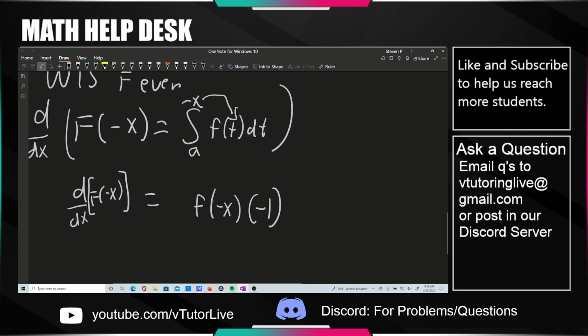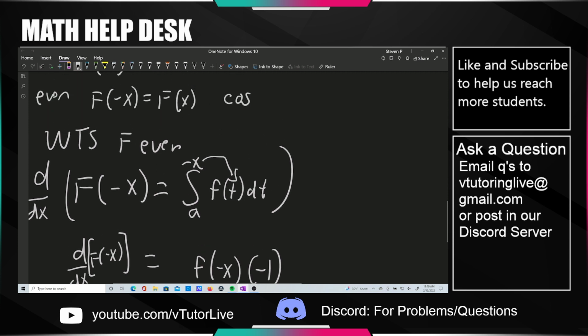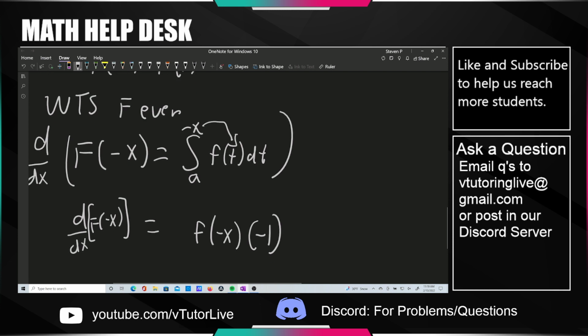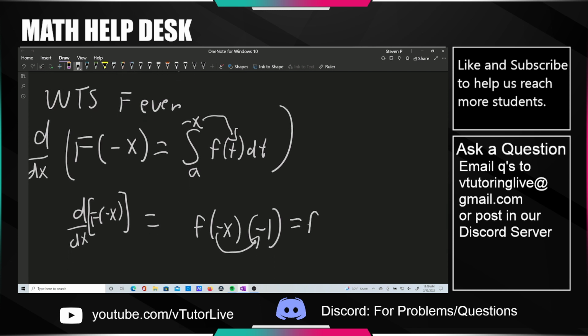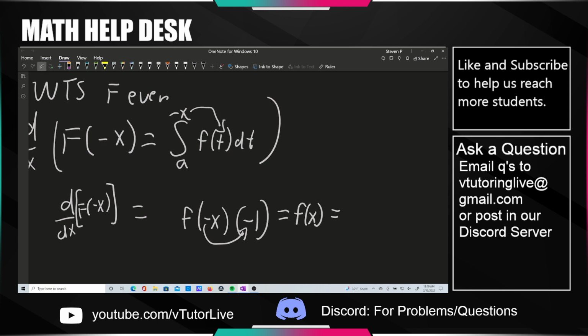And because f itself is an odd function, the minus sign can just pop right out and cancel with that other minus sign. So this is just equal to f of x. And I said, well, okay, this is equal to the d/dx of F of positive x.